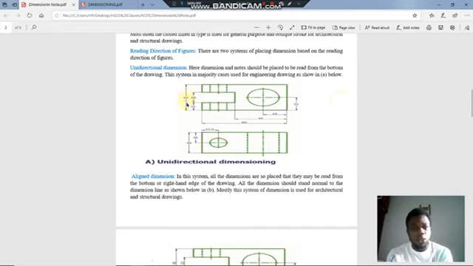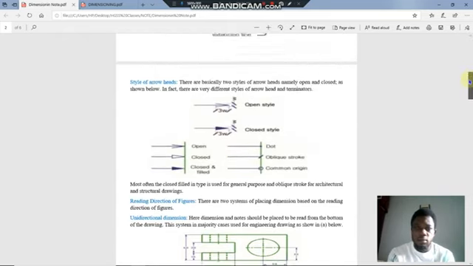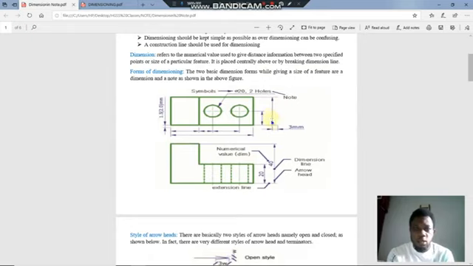In machine drawing you have this. In architectural drawing you have this. So this is what we call the dimension line. This line here with the arrowhead is called the dimension line. You can see it here as well.